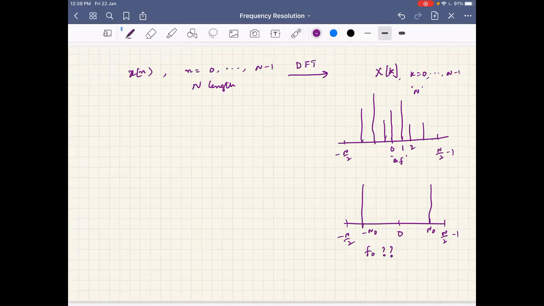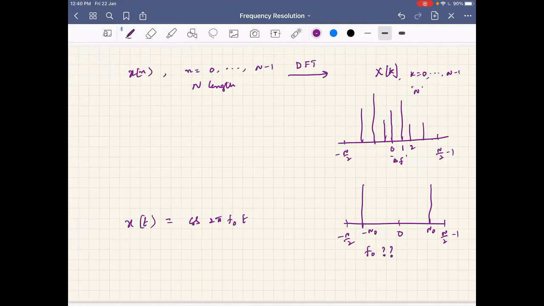To understand this concept, we have to start from x of t, the analog signal, wherein you may have something like cos 2 pi f naught t. After a series of operations like sampling, taking some samples of the sampled signal and finding the DFT, you will get this spectrum.